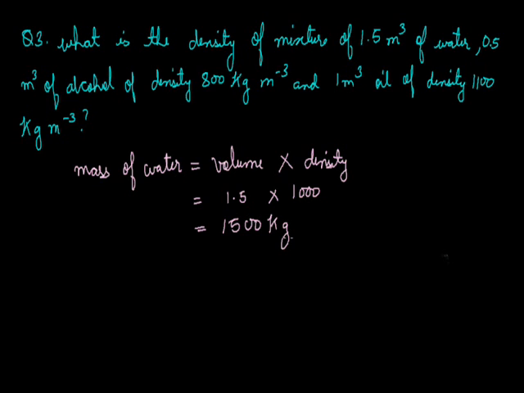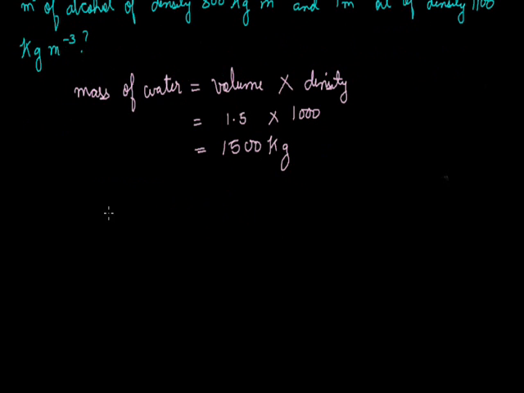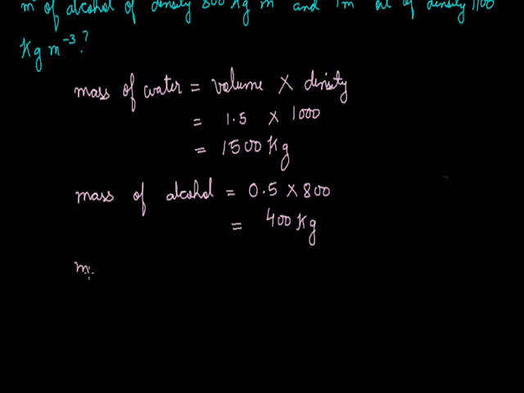Now let us talk about the mass of alcohol. Again that will be volume into density. Its volume is 0.5 and its density is 800. On multiplying, we will be getting 400 kg. Hence, the mass of alcohol is 400 kg. Now we need the mass of oil.